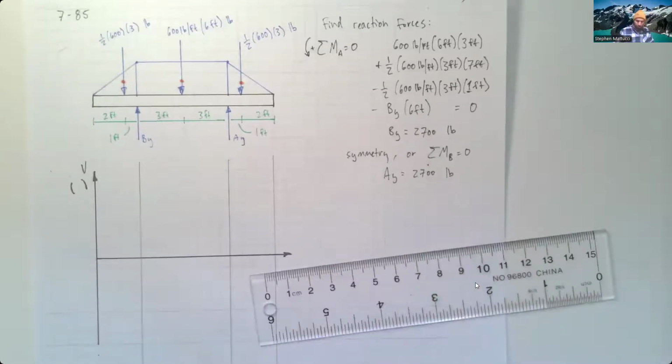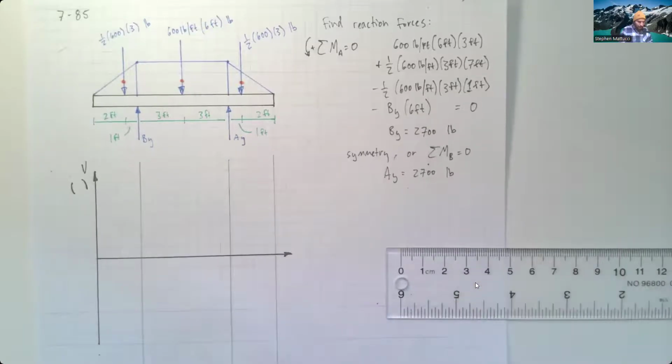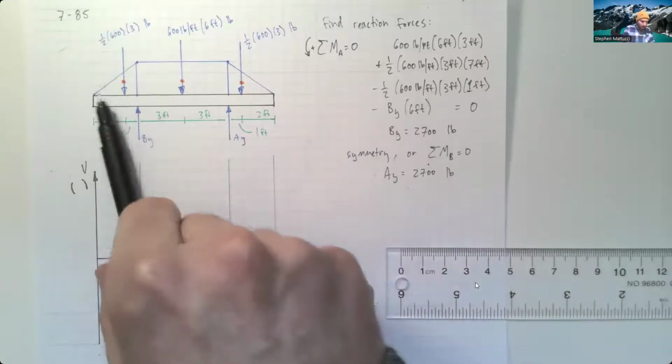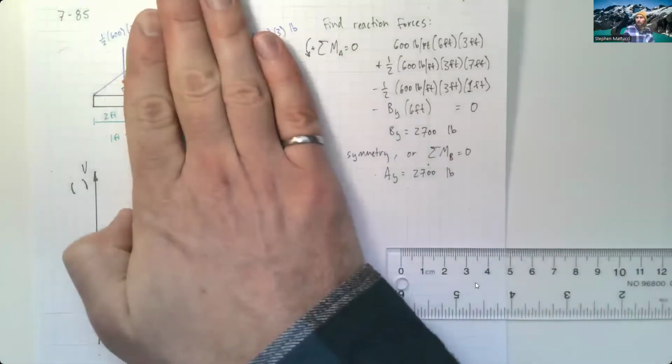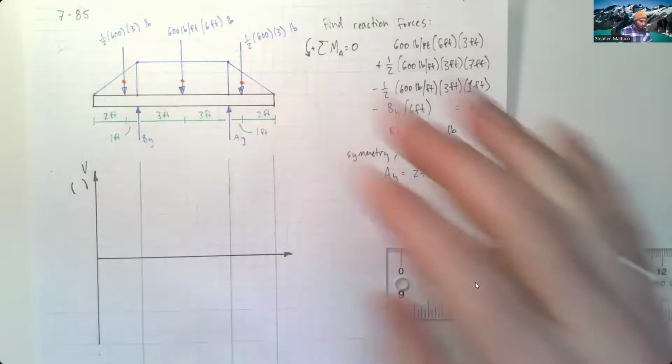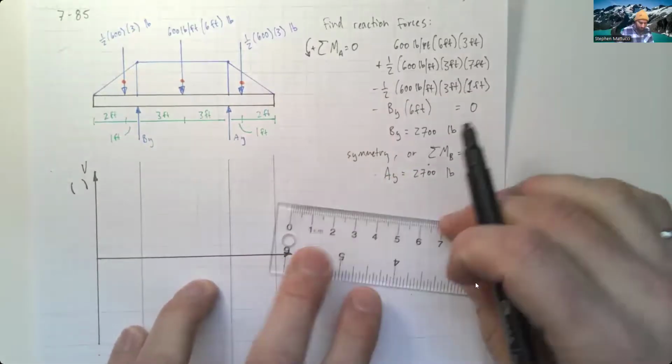Okay. So the first portion of this beam, we're looking at from 0 to 3 feet. This is where we can draw up the free body diagram of this triangle in terms of our length x.